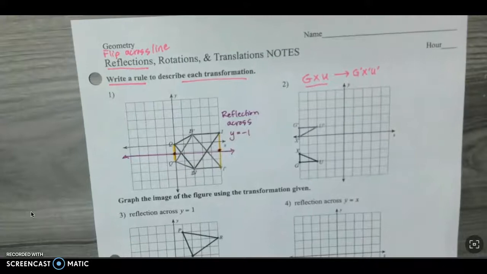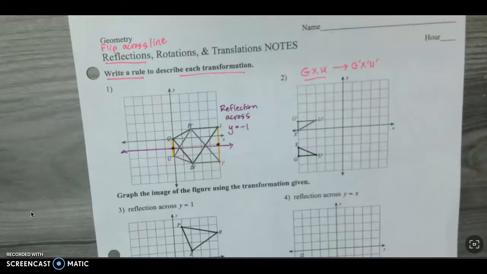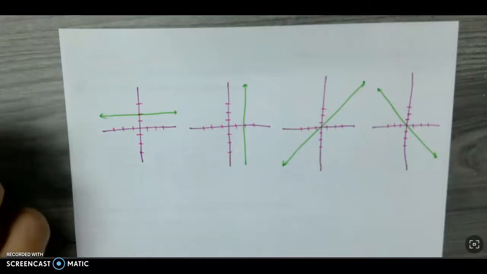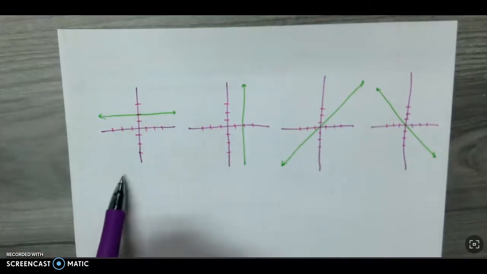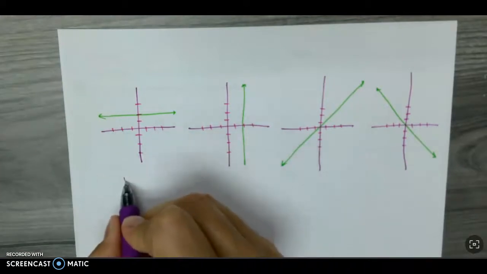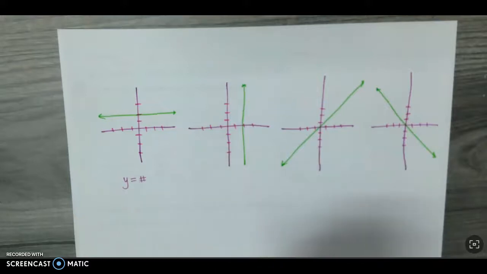Okay? And at this point, we have a little bit of a review for the class. And you'll see we have 4 different types of lines here. These are similar to the types of lines of reflection that we could have. Now, if you remember from Algebra 1, anytime you have a horizontal line, your equation is going to be y equals a number. Okay?